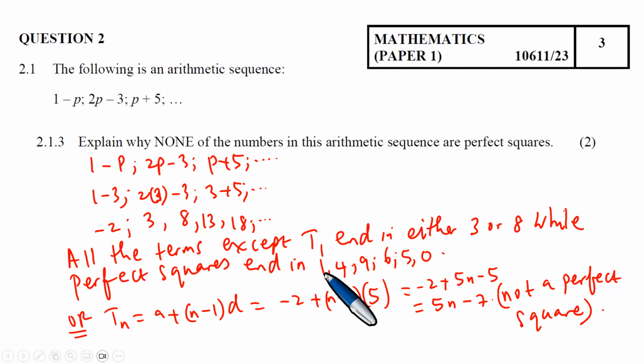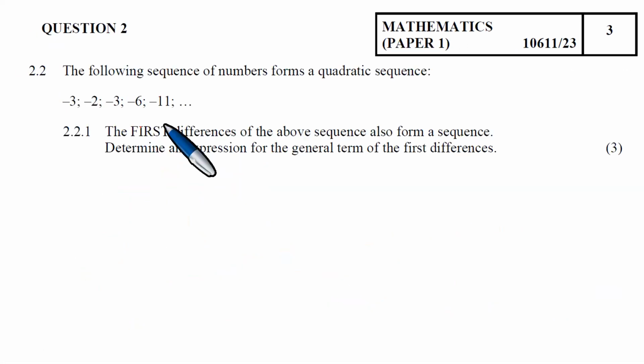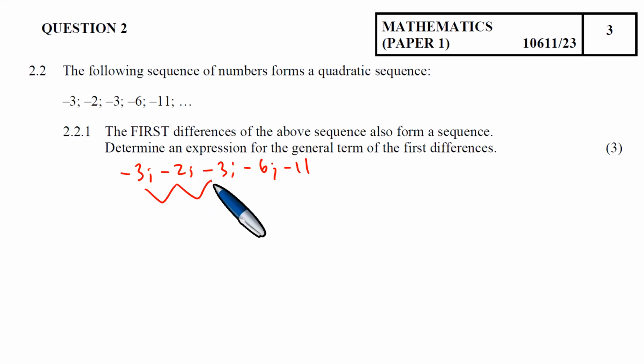Okay, so next question. The following sequence of numbers forms a quadratic sequence. The first differences of the above sequence also form a sequence. Determine an expression for the general term of the first differences. So you have minus 3, minus 2, minus 3, minus 6, minus 11.